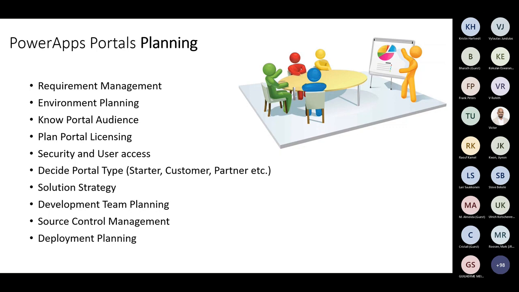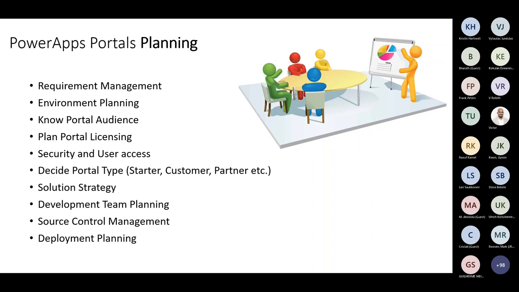There is no particular rule of thumb; it depends on the organization. Usually we create three environments: dev, test, and production. In development, we do the development. In testing, you do the UATs and all, and the production is basically the live environment. So you have to properly plan your environments, where you want to do the development, where you want to do the testing, and how you can deploy your changes from one environment to another.